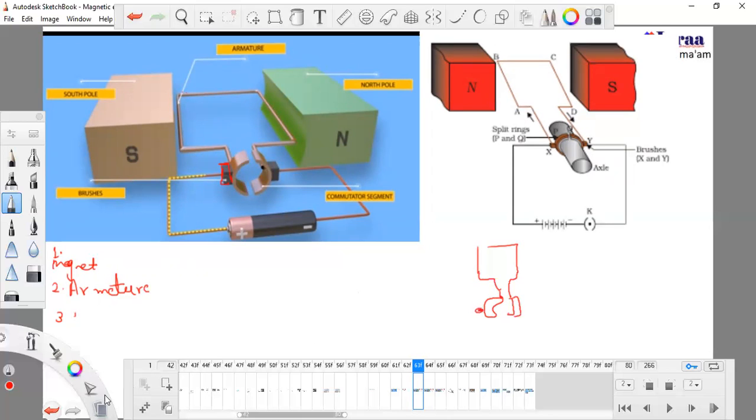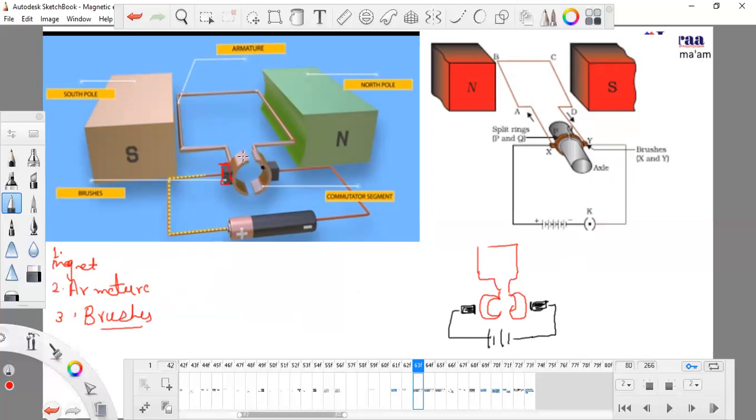So this black part, one thing is very clear to you, and this remaining part is known as the carbon brush.